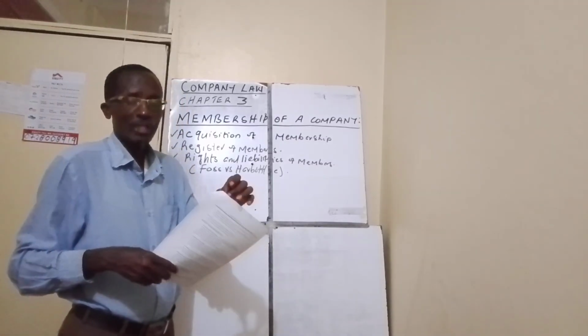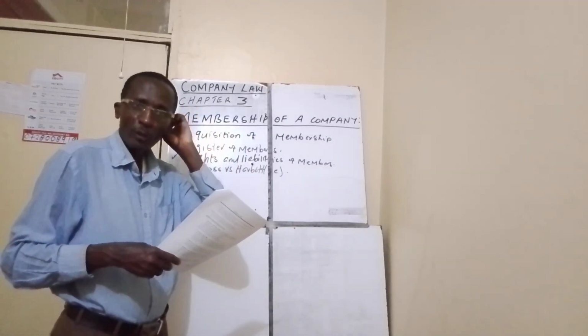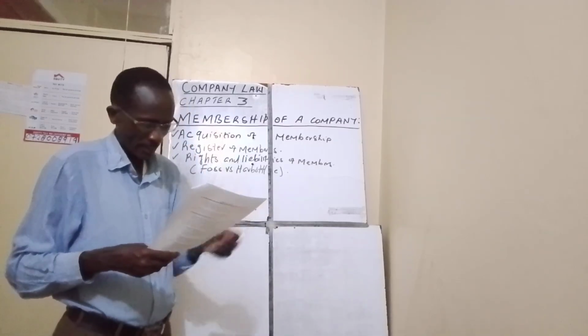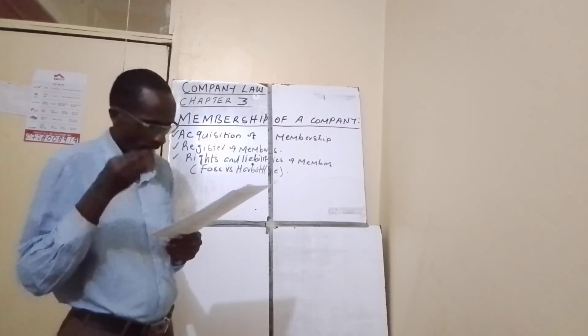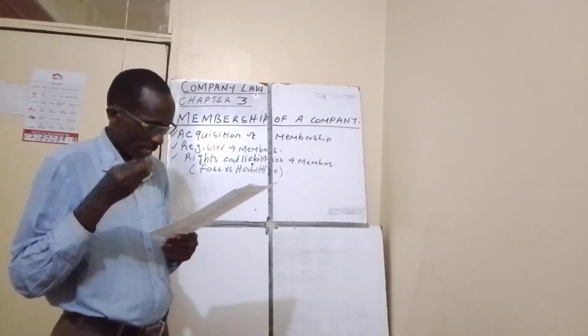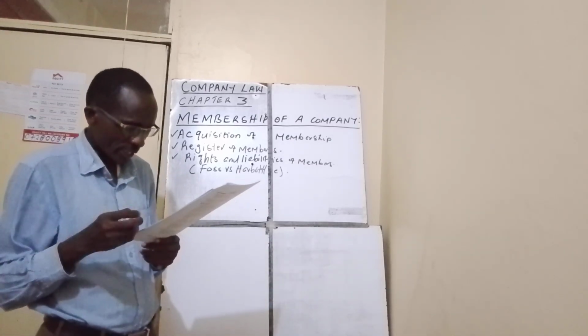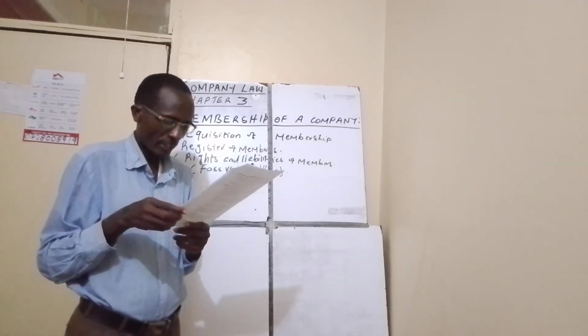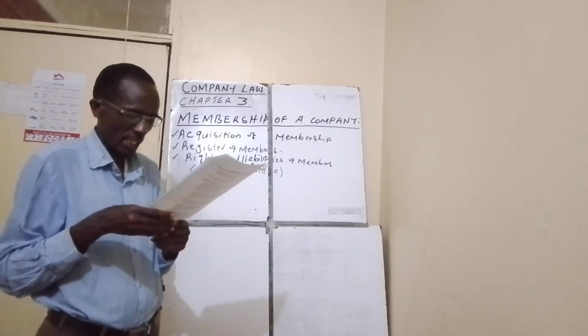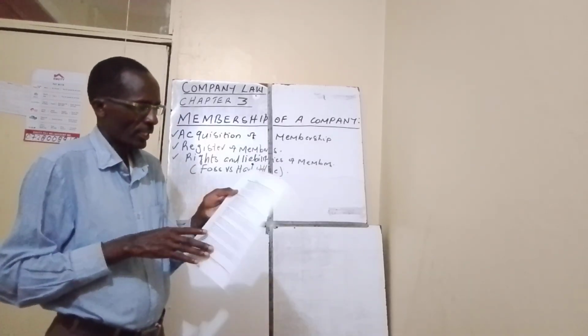By so doing, we are protecting the minority. That's one way of protecting the minority at common law. That is, majority decisions made in bad faith may be challenged before a court of law.